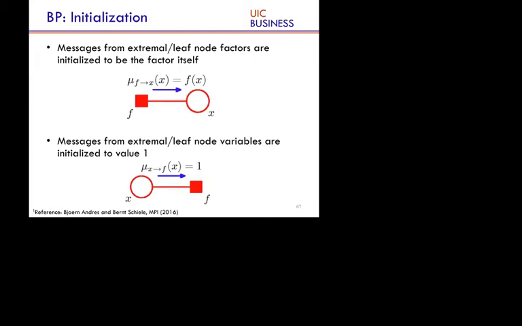This factor has only one argument, so there is an f of that variable. That term itself is going to be the message passed from that factor to the node. And if you want to pass messages from leaf nodes which are variables, then the message is just initialized to 1. If the variable is only connected to one factor, then the message from x to f, for all values of x, will be equal to 1. That's the initialization.